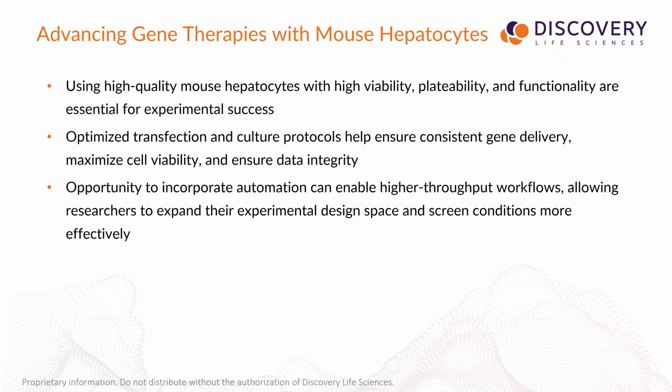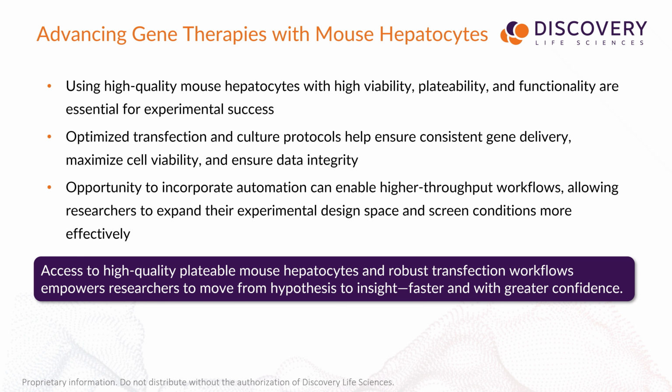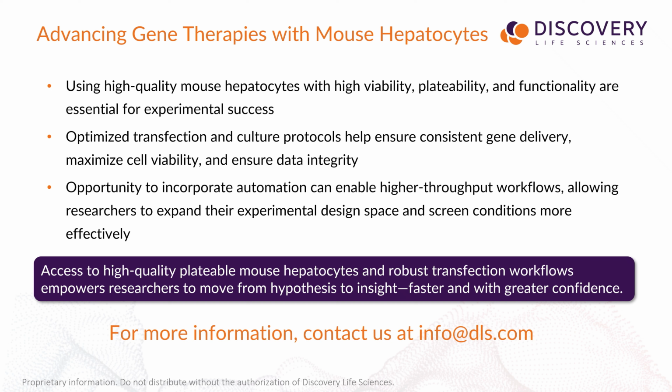Incorporating automation further enables higher throughput workflows, shortening timelines and expanding experimental possibilities. Together, access to robust hepatocyte models and streamlined workflows empowers researchers to advance from hypothesis to insight more efficiently and confidently. Thank you for watching.